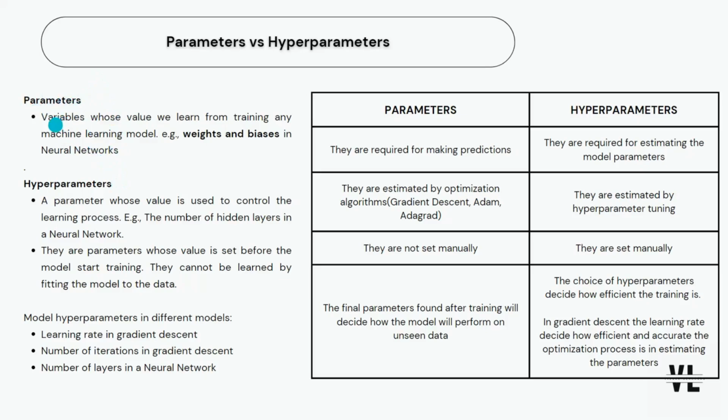Parameters are variables whose value we learn from training any machine learning model, and these are the weights and biases in neural networks. And hyperparameters are parameters whose value is used to control the learning process.